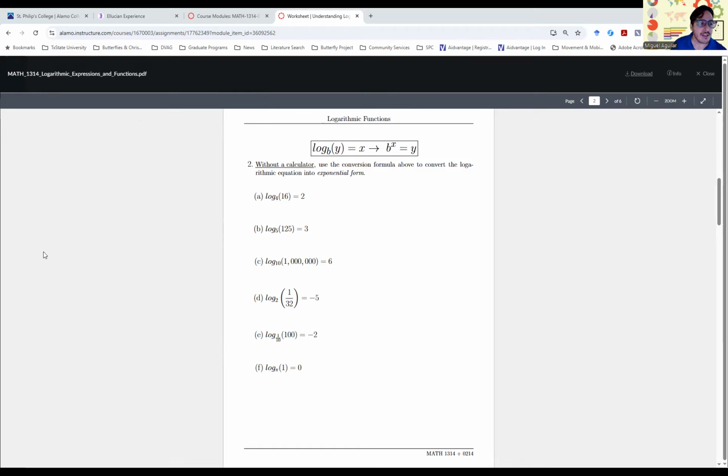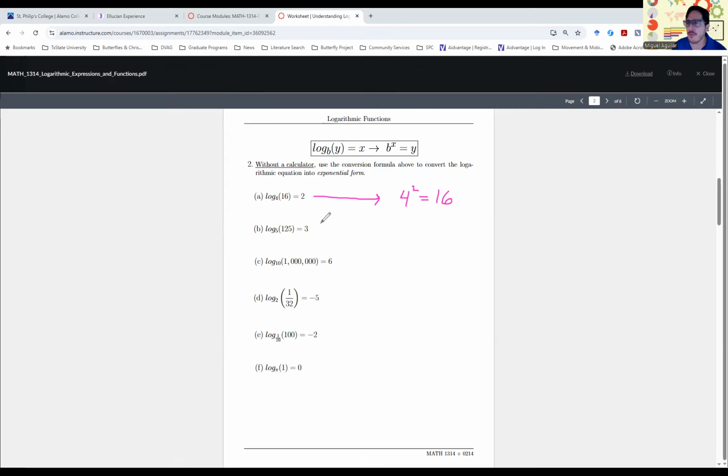Okay. So if I have log base 4 of 16 equals 2, how am I going to write this in exponential form without a calculator? 4 squared equals 16. That's perfect. And that one you can do a gut check because you do know that 4 to the second power is 16.